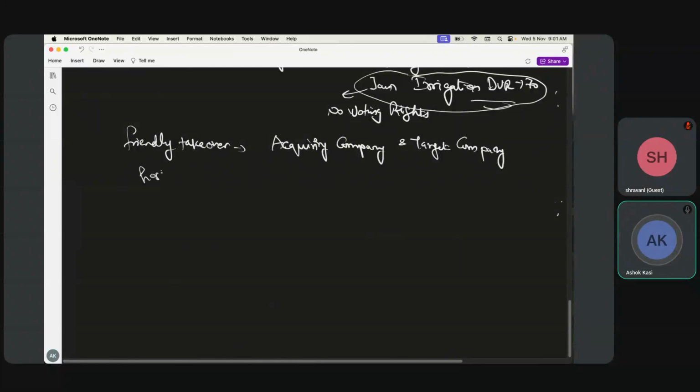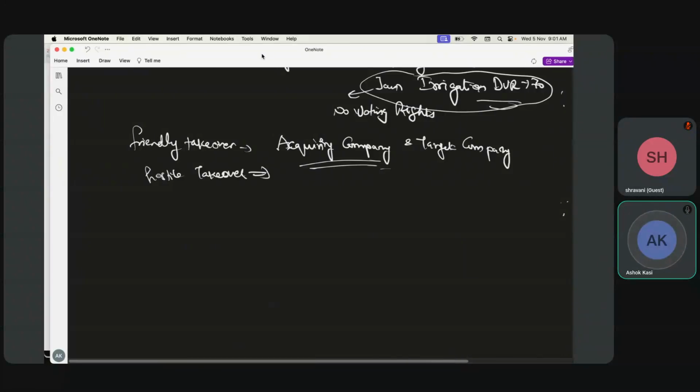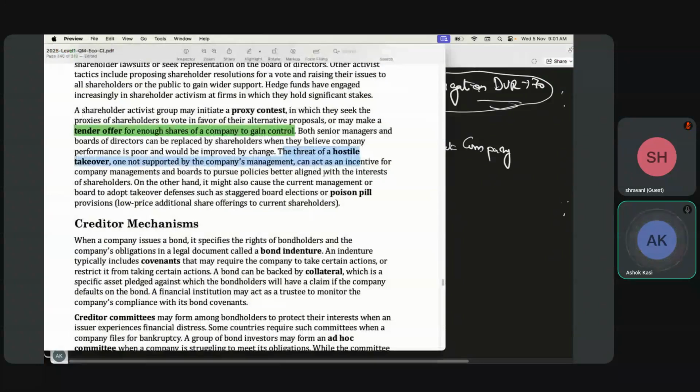Hostile takeover means the target company is not happy with the acquiring company. The acquiring company is forcefully taking over the target company. So when they're forcefully taking over, it becomes a hostile takeover.